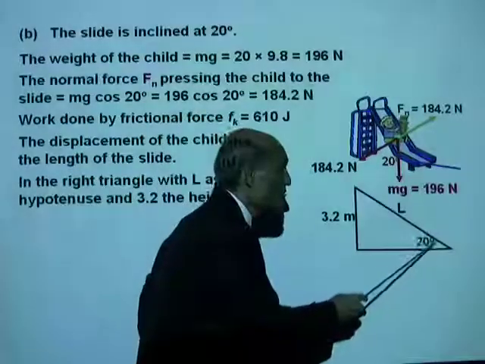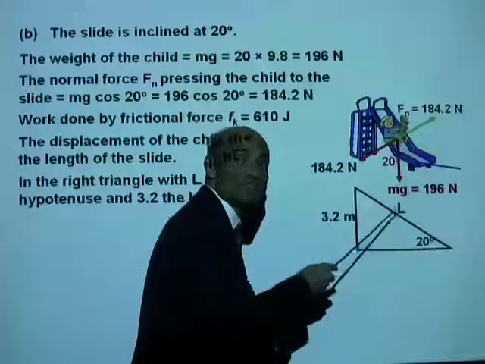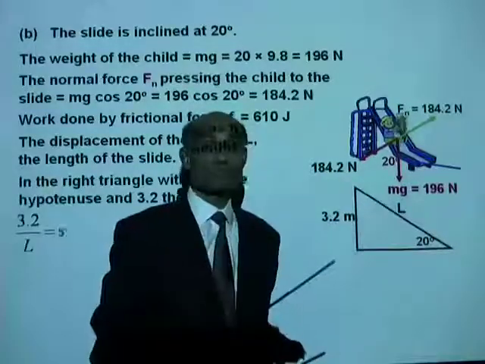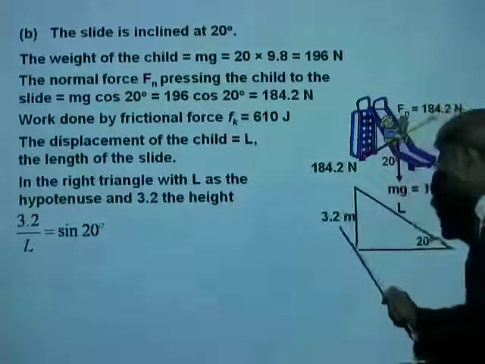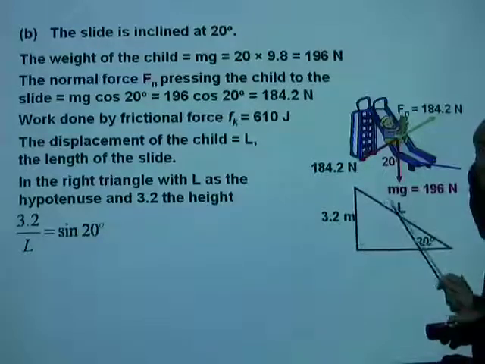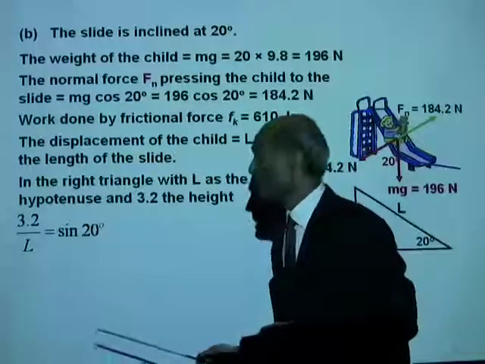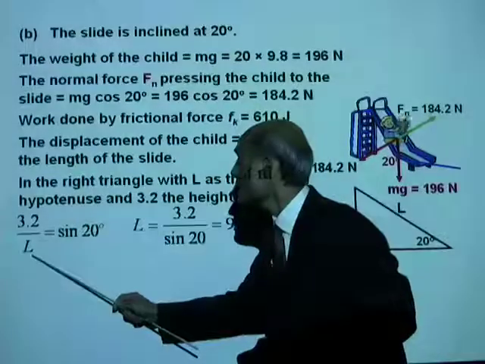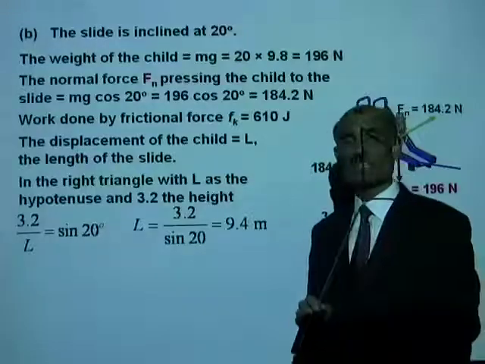Therefore, sine of 20 degrees is the opposite side divided by the hypotenuse, 3.2 divided by L. Therefore, L equals 3.2 divided by sine 20.